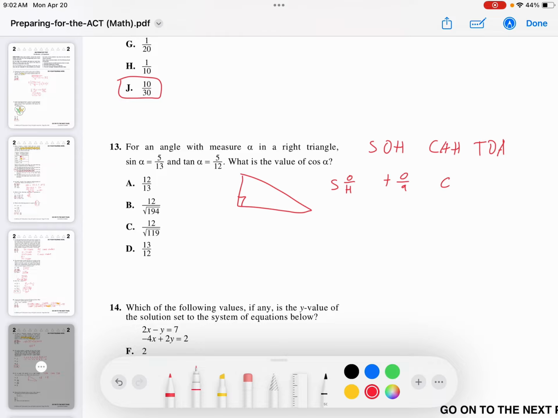What we're looking for is cosine, which is the adjacent over the hypotenuse. So I can find the hypotenuse by finding the denominator of the sine, and I can find the adjacent by finding the denominator of the tangent. So that would be 13 over 12. Nope, got that backwards. 12 over 13. So that should be A.